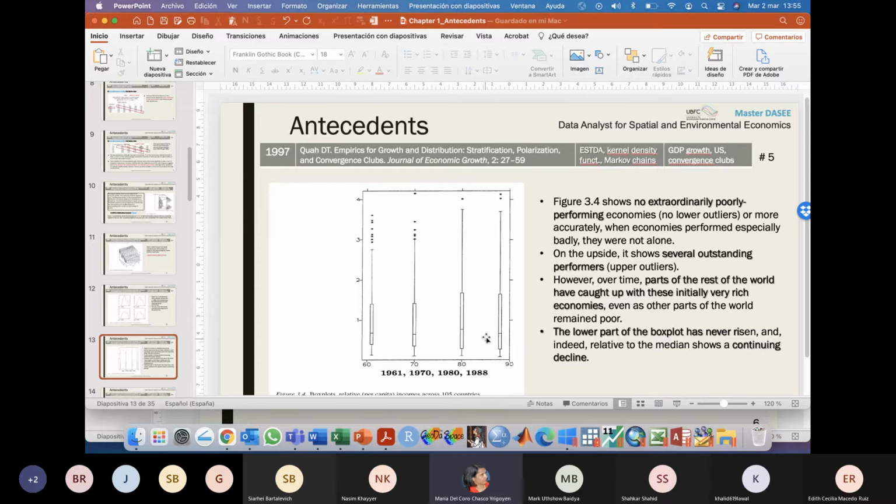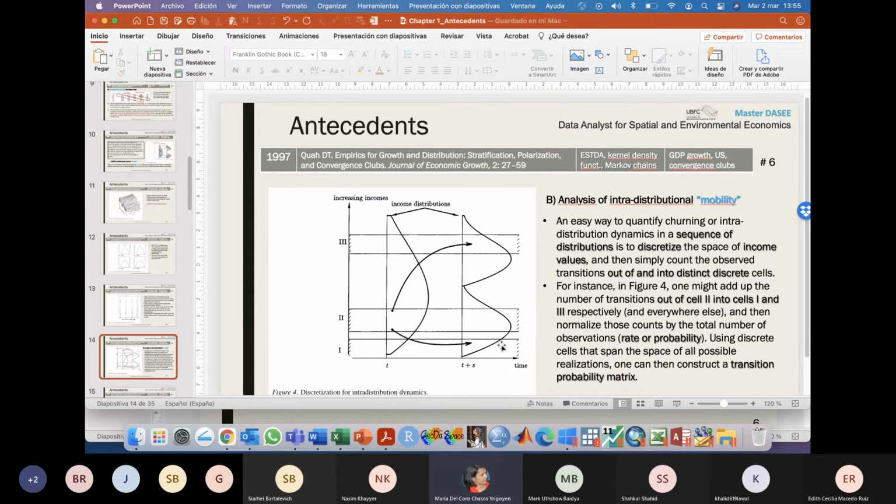And what we can see is that these very low-income economies are farther from the average. This is the idea. That is to say, other parts of the world remained poor during this long time period, and the same as poor. So also a very worrying result.